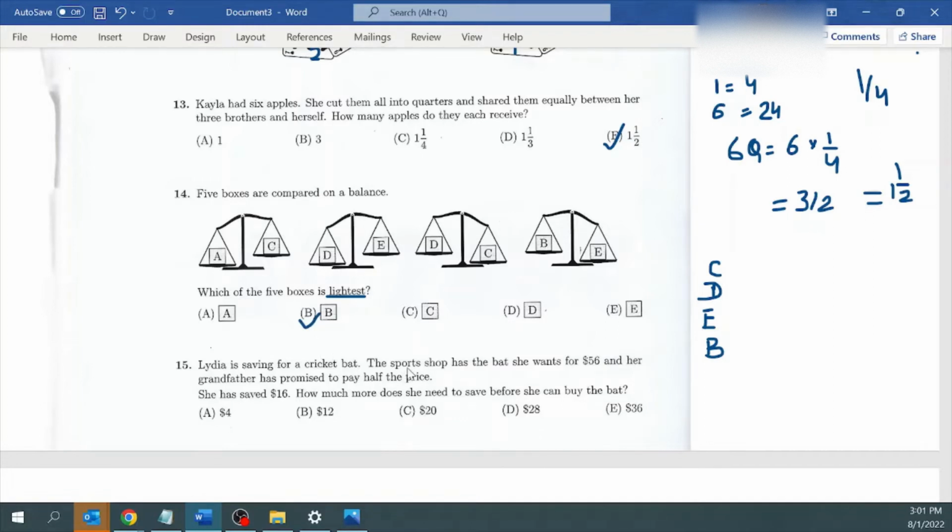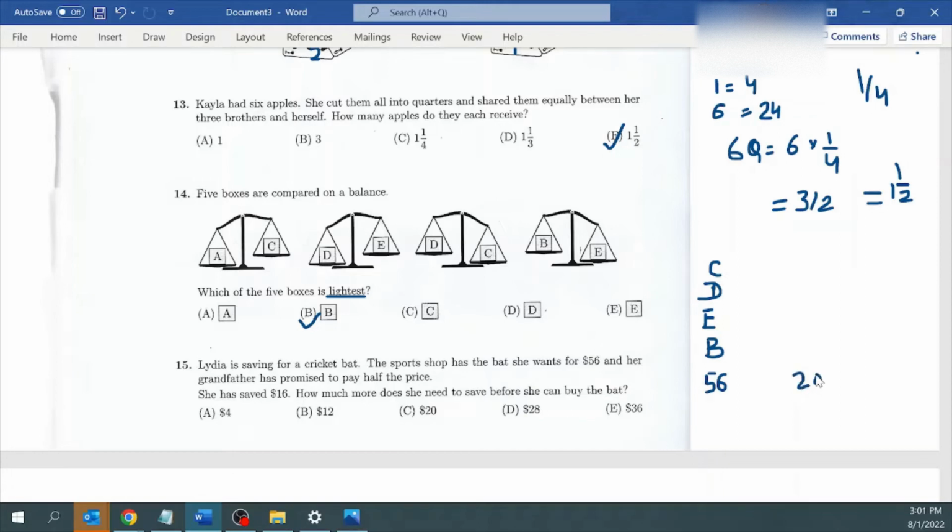Next, question 15. Lida is saving for a cricket bat. The sports shop has the bat she wants for $56 and her grandfather has promised to pay half the price. So $56 is the amount. Half of it, that would be sponsored by the grandfather, would be 28.